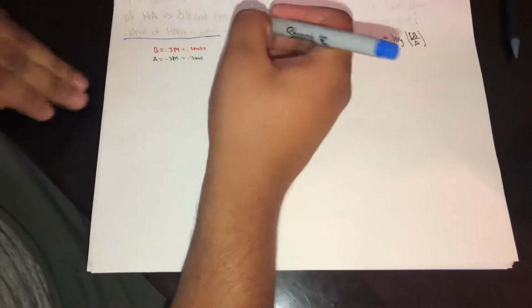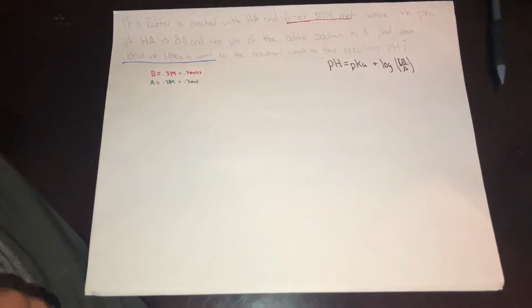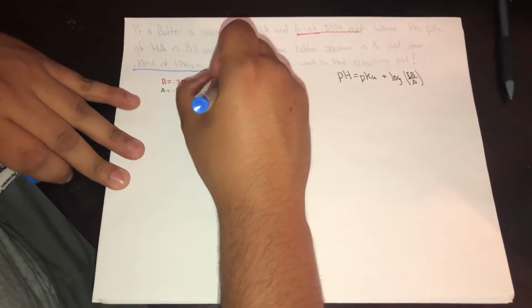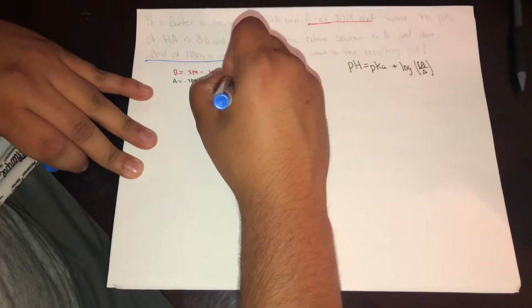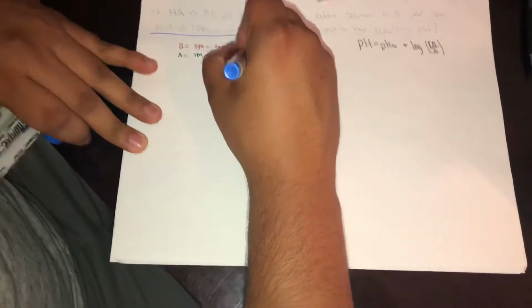So if 0.10 moles of HNO3 are added to the solution, the way you're going to do this is that you add 0.10 moles to the acid and you subtract 0.10 moles from the conjugate base. So it's basically going to be like this: minus 0.1 mole, plus 0.1 mole.